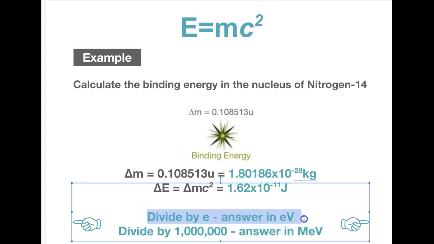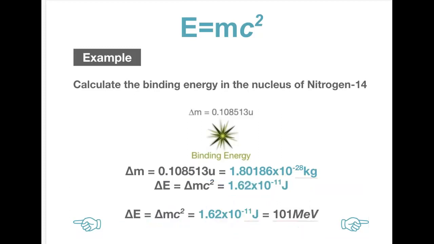Divide by the charge on an electron, 1.6 times 10 to the minus 19, and then divide it by 1,000,000. What does this do? This gives you the same energy, but in a new unit called the mega electron volt. And so here we should find that our energy value in joules corresponds to 101 mega electron volts.